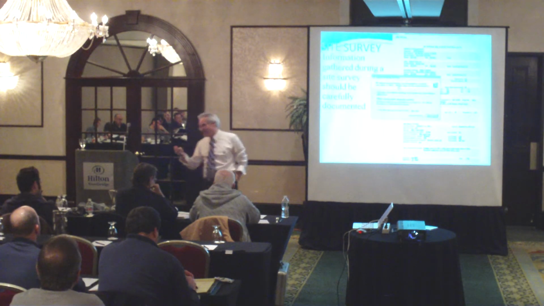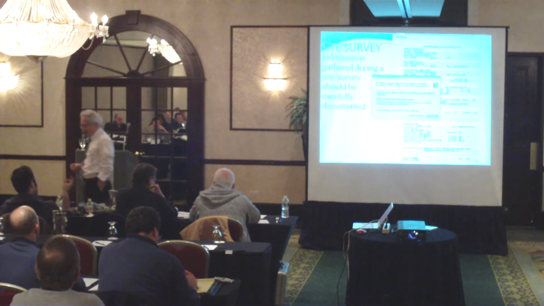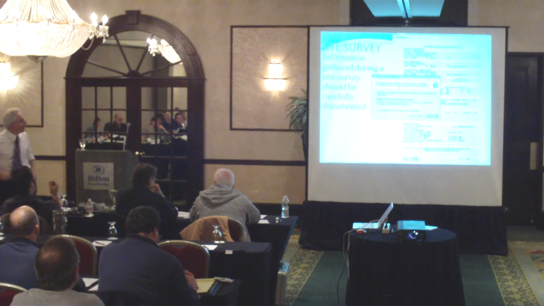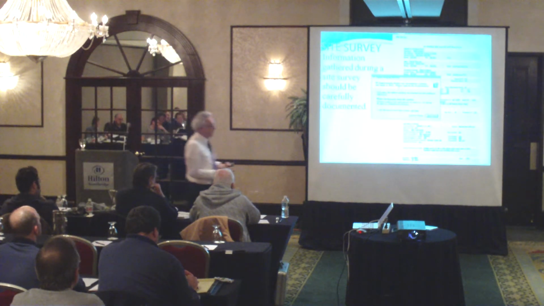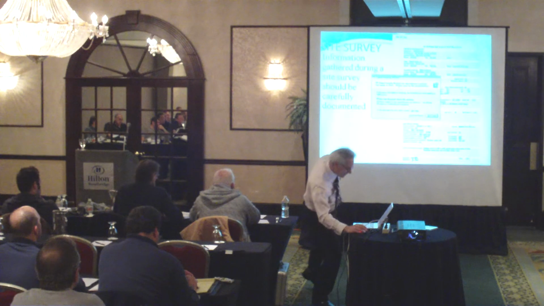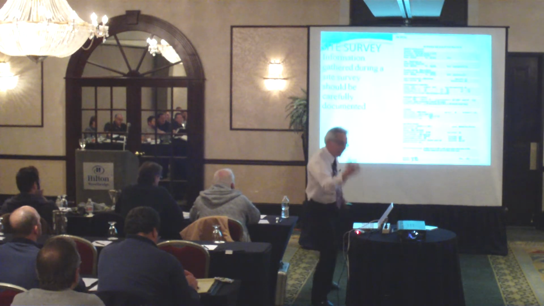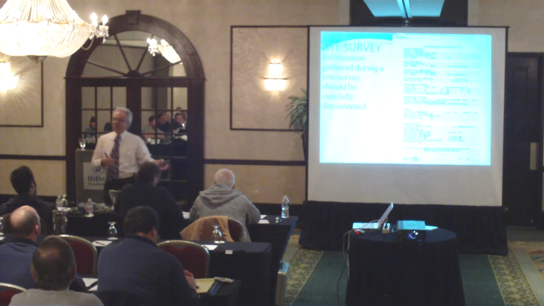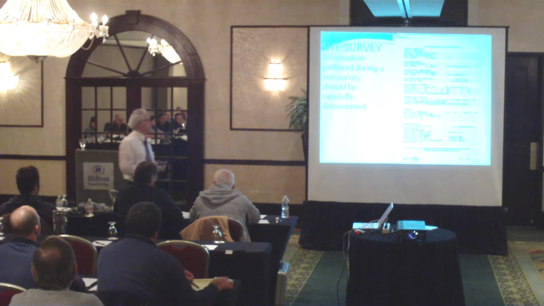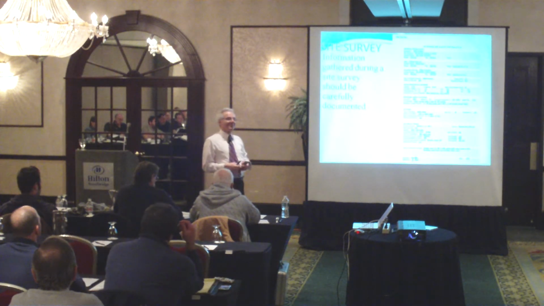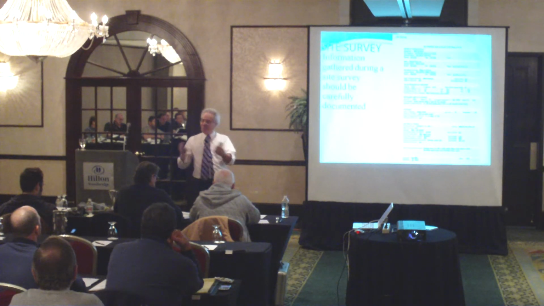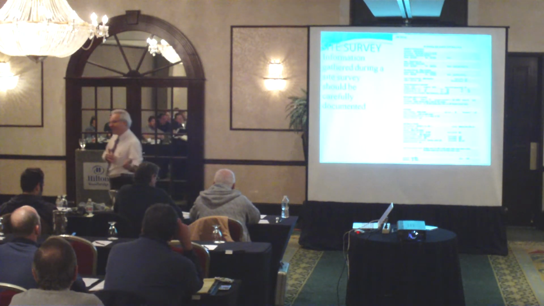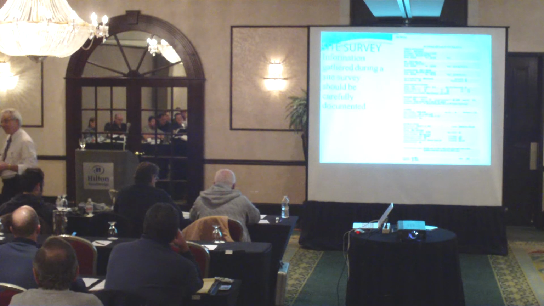What is the life expectancy of a solar panel? 25, 20, right? What happens if somebody has a roof that is 7 years old and your solar panel is going to last 20 years? So at some point in time, the guy has to fix the roof while the solar panels are there.